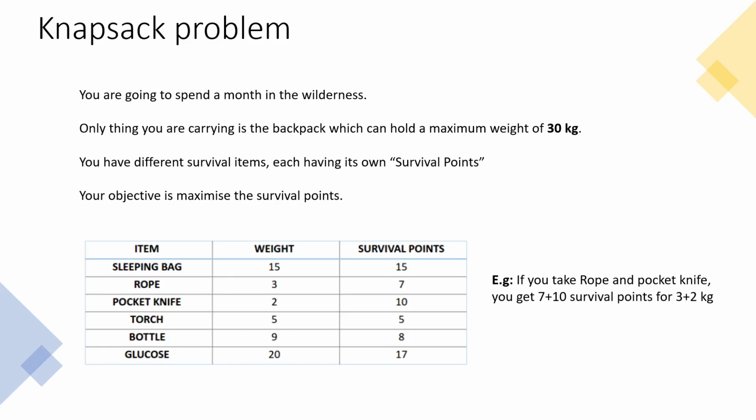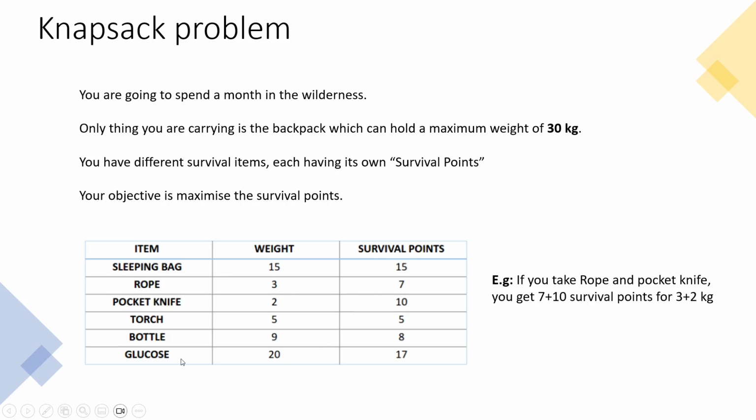So coming back to the knapsack problem, let's remember it. We said we have a bag, we will go into the wilderness, and our bag can carry just 30 kilograms. There are items with their weights and with survival points, and we need to select some of those items that don't in total exceed 30 kilograms.